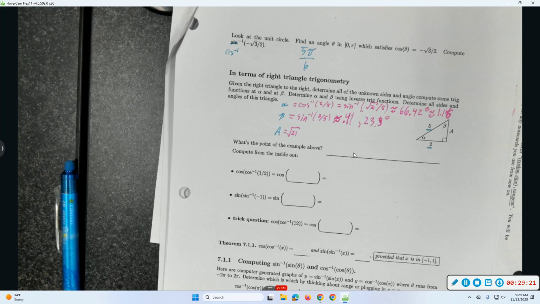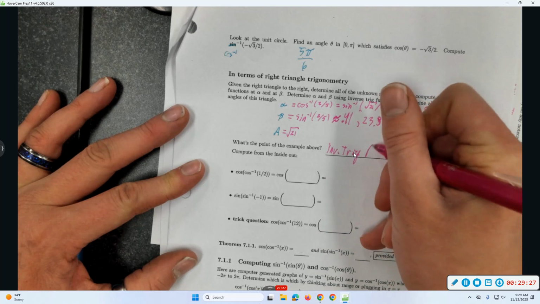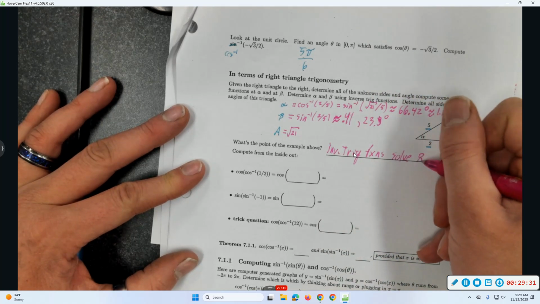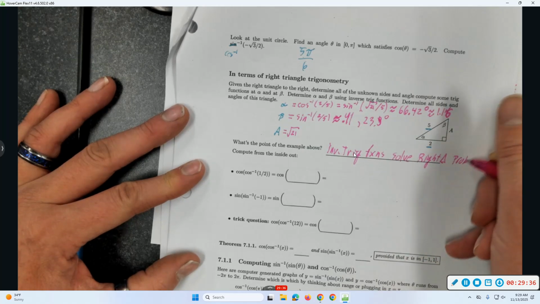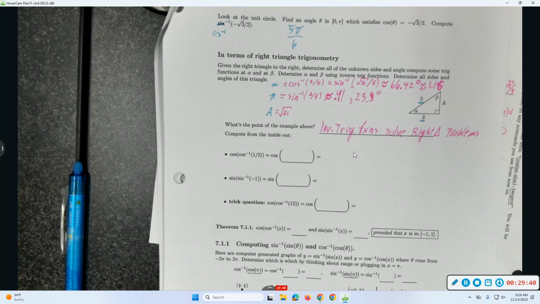Cool. So what's the point of this example? Inverse trig functions let you solve the right triangle. If I give you something that's built out of a bunch of right triangles and you need to find some angles, you're going to need to do some inverse trigonometry.